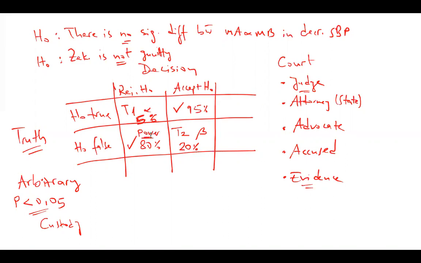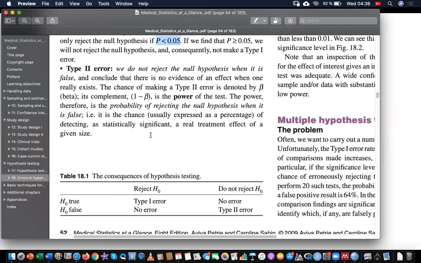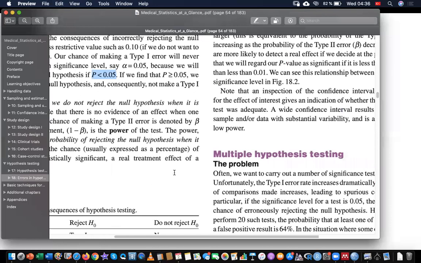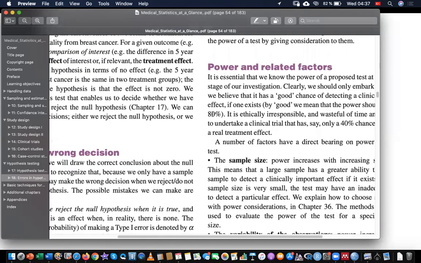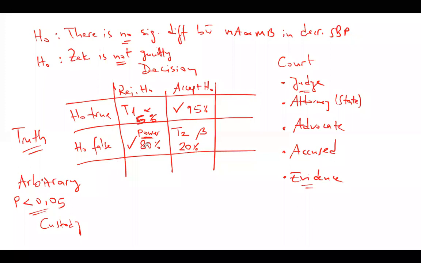If you read the book, you will come up with something called the power. The power of a study must be how much? The minimum acceptable level is 80%. Our tolerance, minimum power should be 80%. Now look here, please.